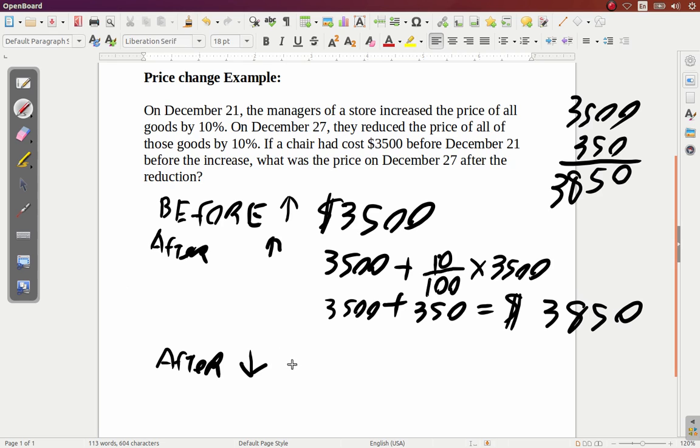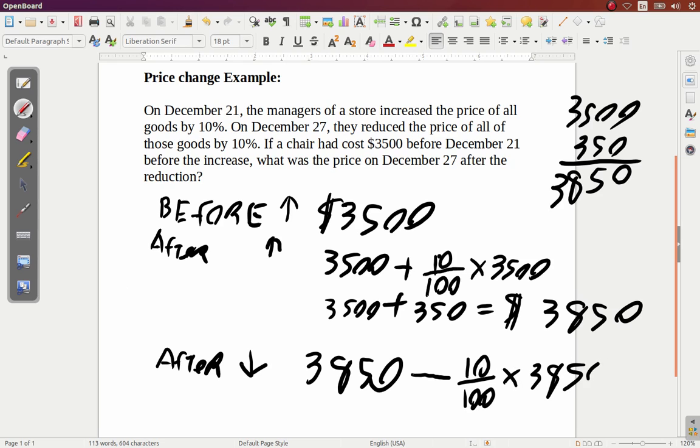So after the reduction, what happened? It cost $3,850 minus, because the price is dropping, you're taking off something. The managers are taking off 10% of $3,850.